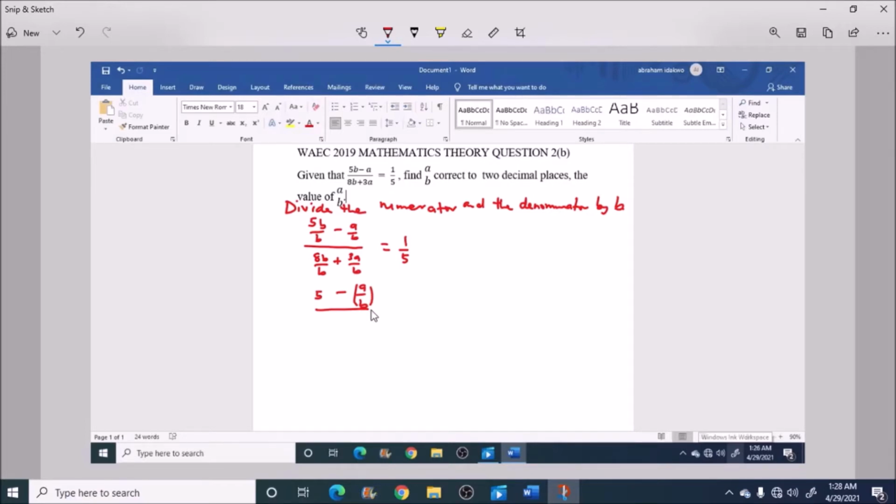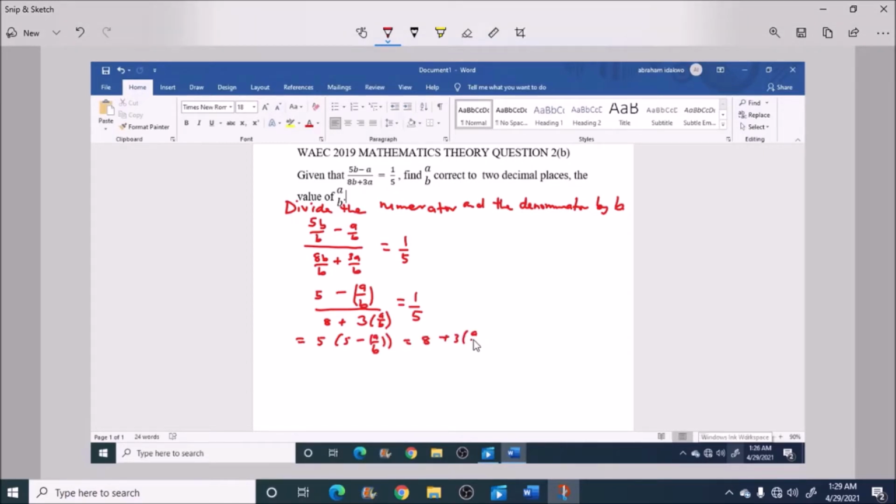Okay, so this will give us 5 into 5 minus a over b. Remember, this is in bracket, is equal to 8 plus 3 a over b.